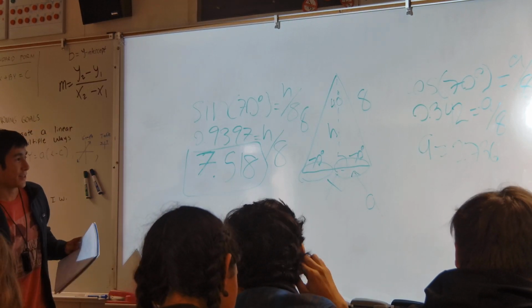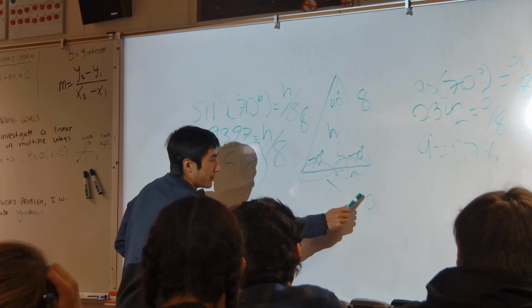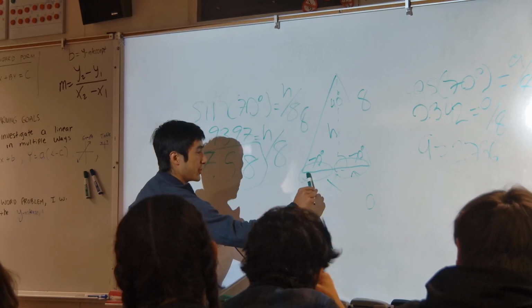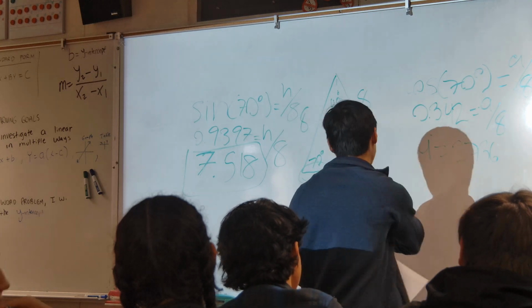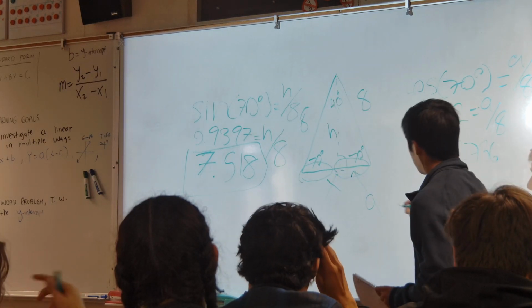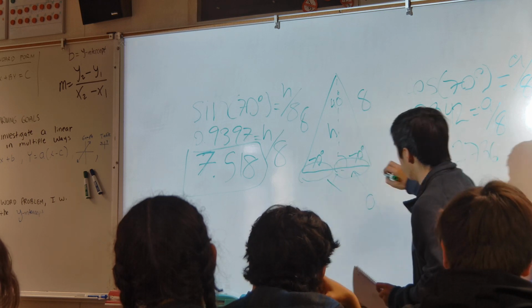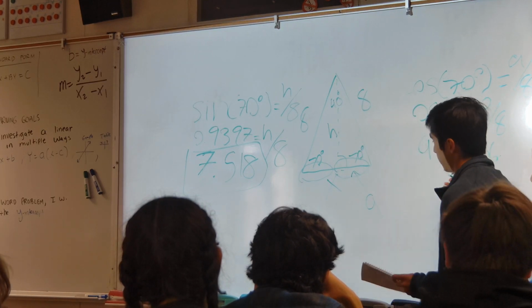Okay, and so now what we have is this. We have the height, and we have this little side right here. But since it's an isosceles triangle, these two are equal to each other, right? And so what we do for this side is just to get the base, and we can't just count this right here. We have to count this whole line right here. And since they're equal to each other, we just multiply this side by 2.